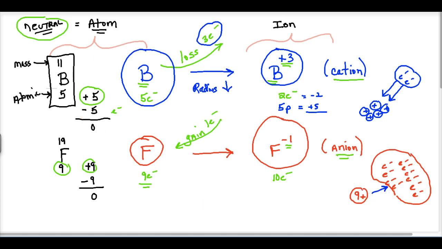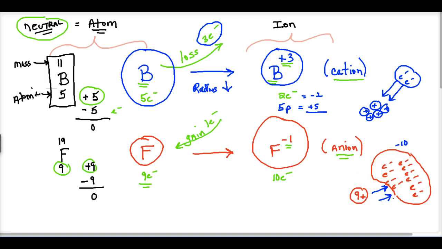When it was a neutral atom, you had an equal number, but when you gain an electron, as in the case of nonmetals, you have more electrons than protons, and they outnumber the 9 protons, and each electron feels the nucleus less by gaining 1 more electron. It's -10 out here, +9, so this bigger number pulls away.